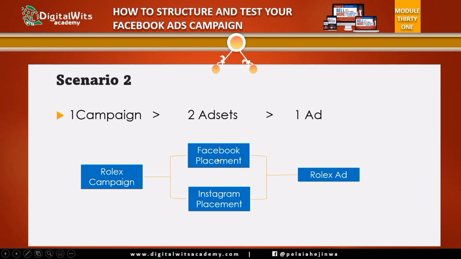That's why you separate it, by duplicating the ad set and changing the placement of the second one to Instagram. When you do this and test the ad, you will now know where most of your followers are.